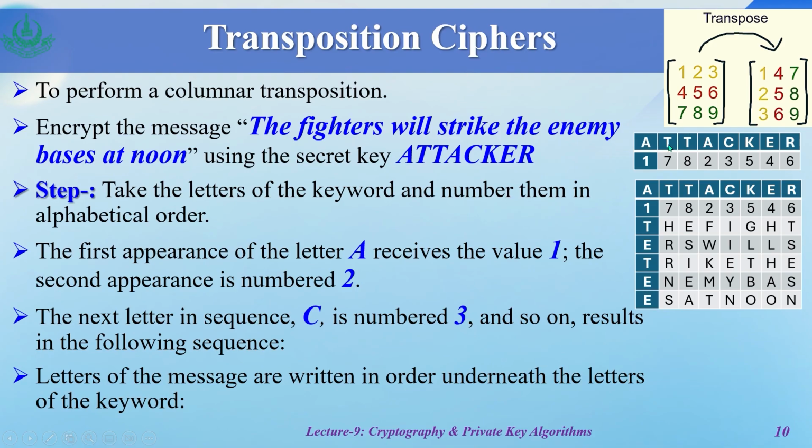We place attacker in the first row and number them in alphabetical order: the first A is set to 1, the second A is set to 2, C is set to 3, E is set to 4, and K is set to 5. Similarly, R is set to 6 and T is set to 7. The second T is set to 8.